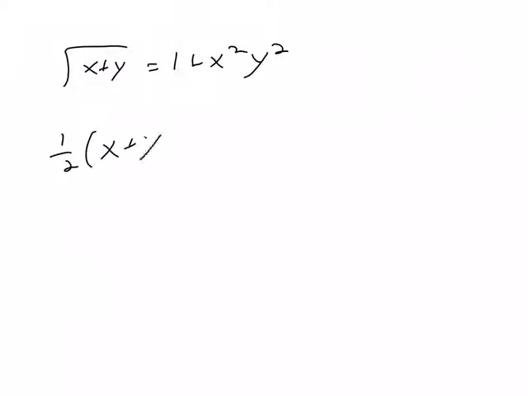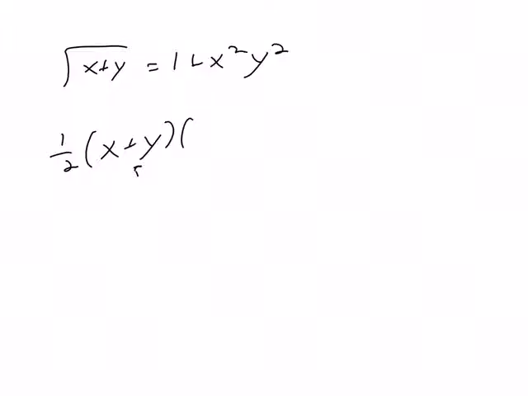Okay, so problem 16 is, let me write down what the equation is. So what we have is the square root of x plus y is equal to 1 plus x squared y squared. So we have a half x plus y times the derivative of this.